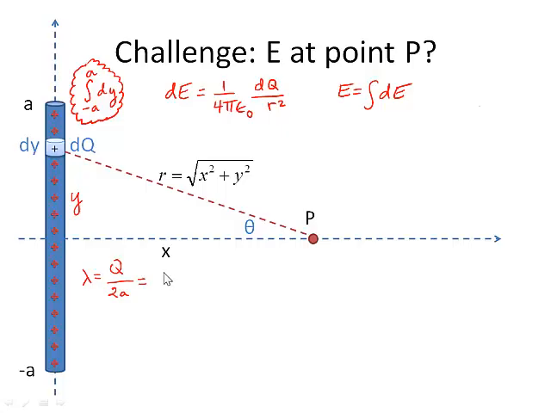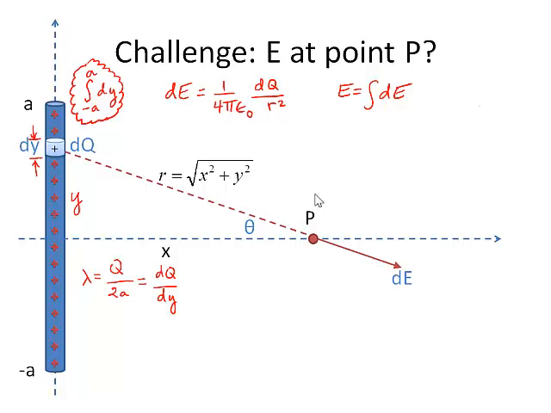Likewise, lambda, since it's uniformly dense, is also going to equal dq over dy, where dy is the vertical distance of this charge. There's one more thing that we should notice here, which is that the electric field at point P due to dq we'll call dE.